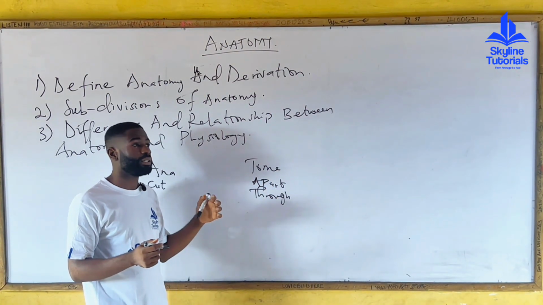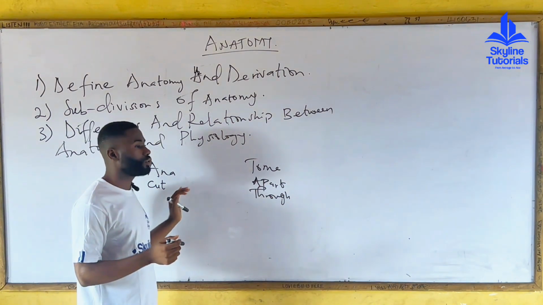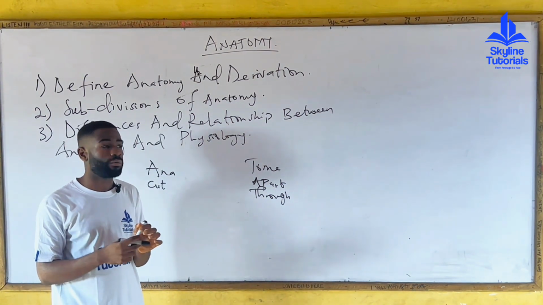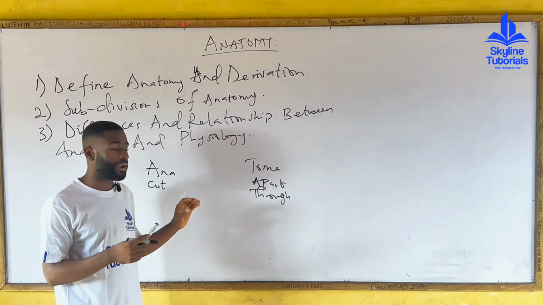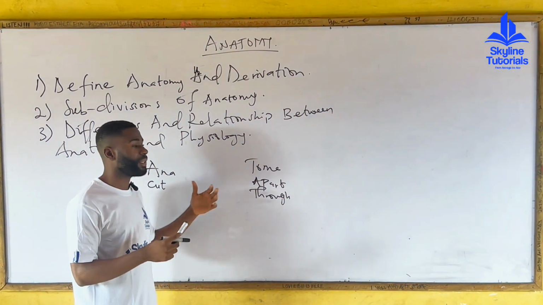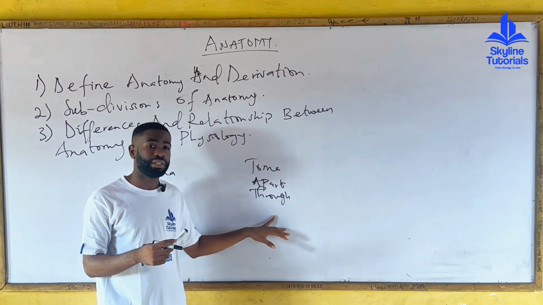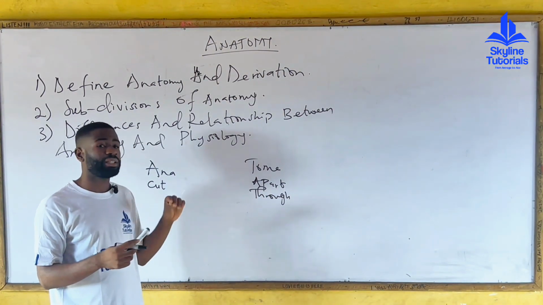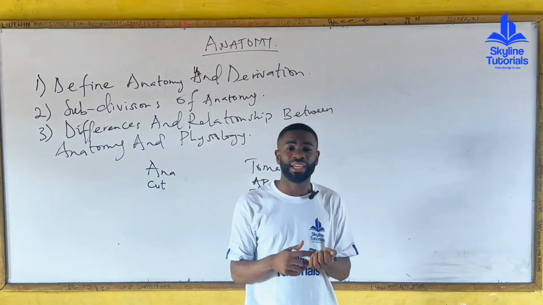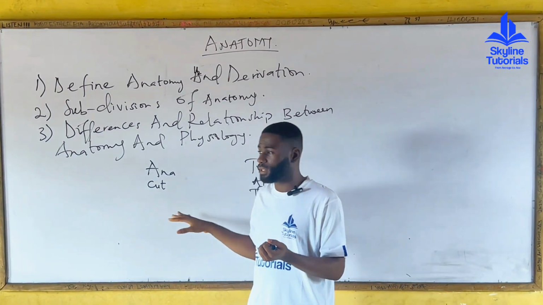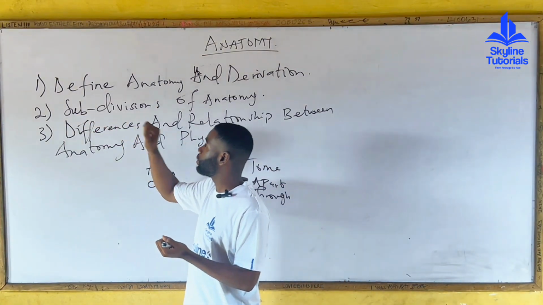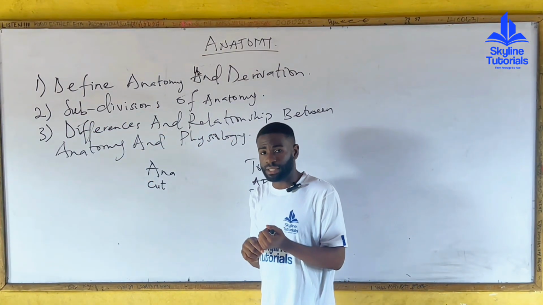In the ancient days, when you want to study the structure of the human body, they make use of dissection. They carry out dissections in different parts. They cut through or they cut apart the different body parts to study the human body. But in recent times, they have come up with different modalities to aid in the study of the body system. That will lead us to what the definition of anatomy is.